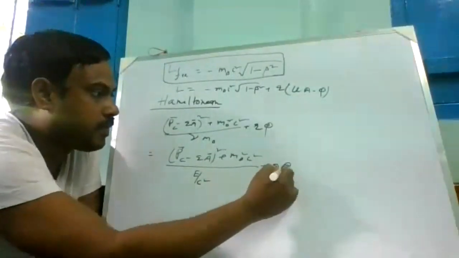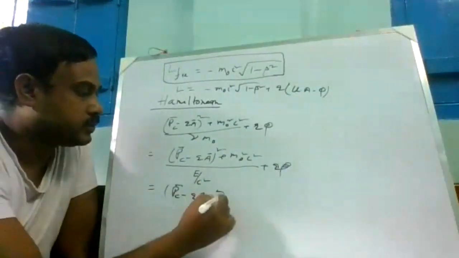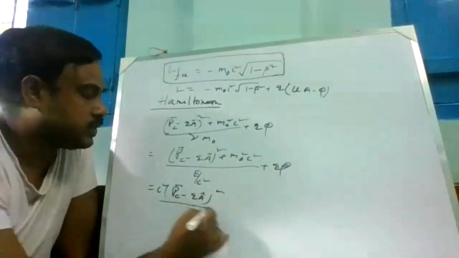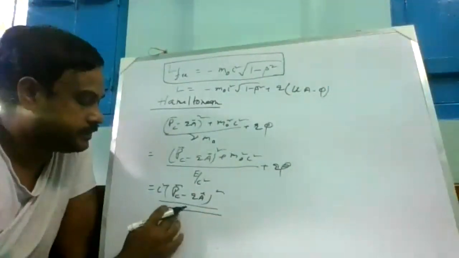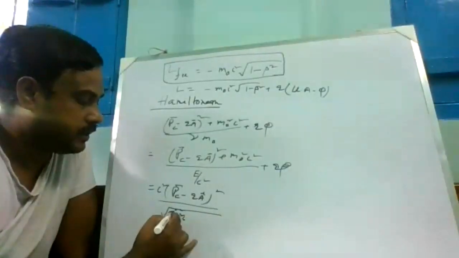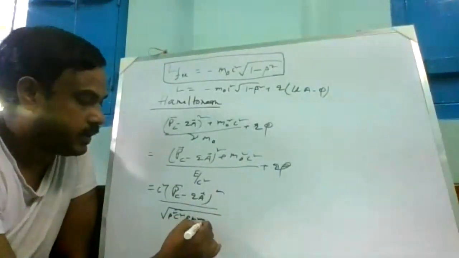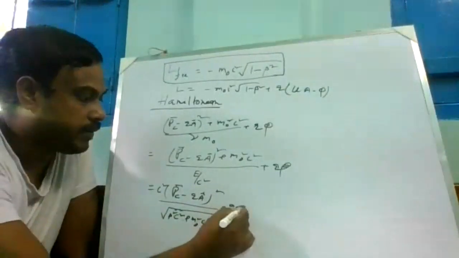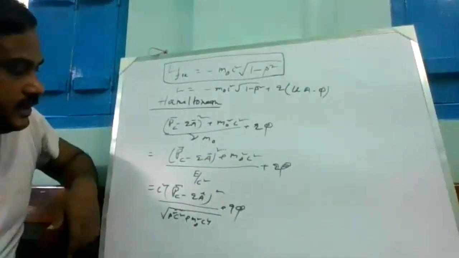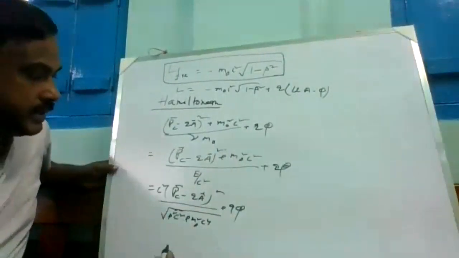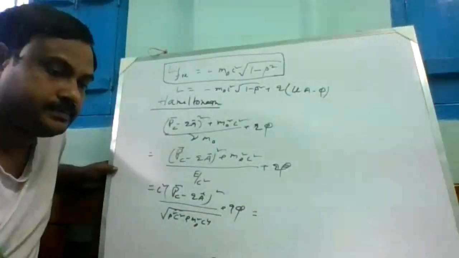So this will be equal to (Pc minus qA) squared, c² goes out, E equals the root of p²c² plus m0²c⁴. Now if we substitute p with Pc minus qA, then this c² will be there.